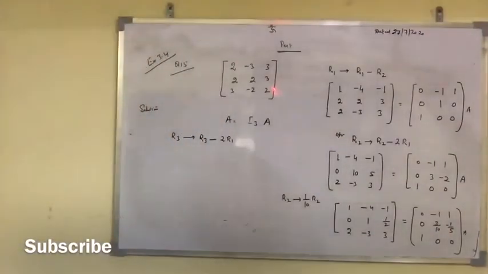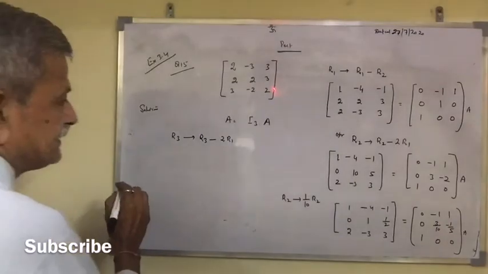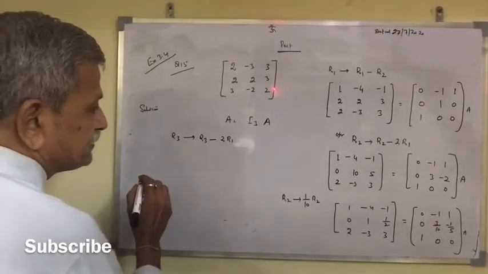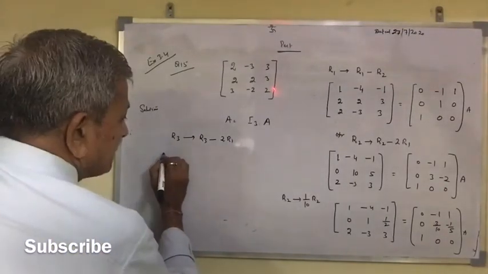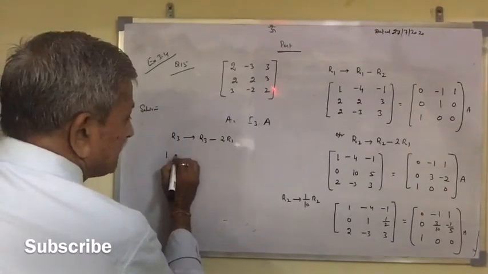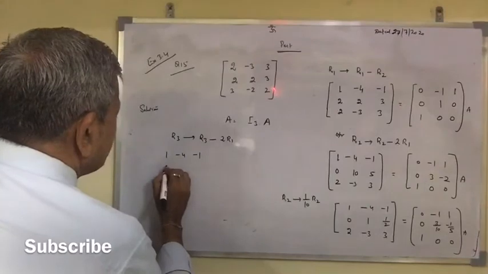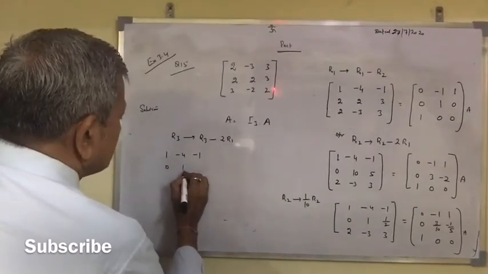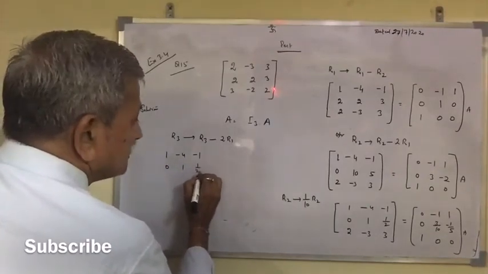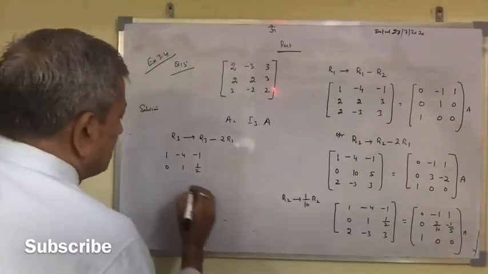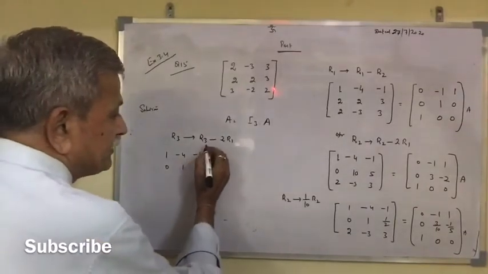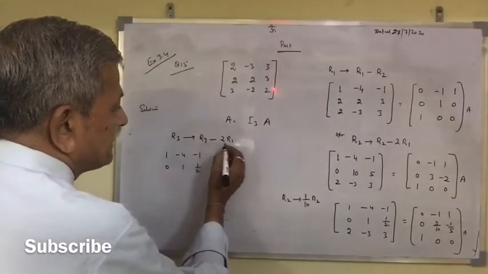So you would find what you would get. You would get R3 minus 2 of R1. So the rest of the matrix will be same. So 1 minus 4 minus 1, 0 1 1 by 2, and now you have R3 operated on, R3 minus 2 of R1.